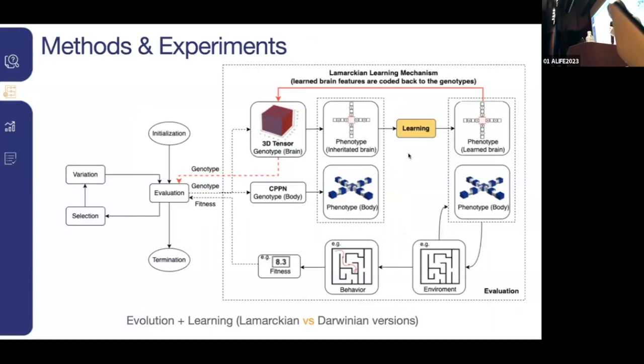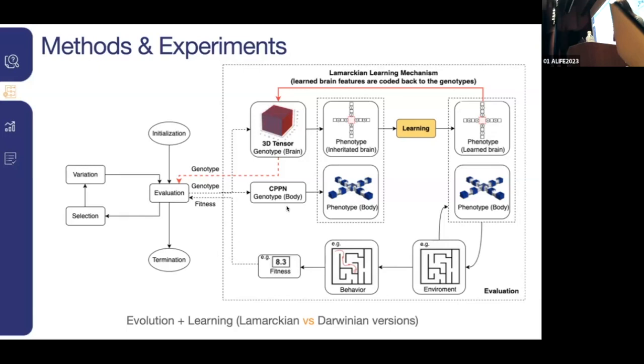And the inner learning loop optimizes the parameters of the inherited brain. This is within the evaluation step of the EA, evolutionary algorithm. In our research, we use a 3D tensor as the genotype of the brain, which gets directly encoded into the phenotype of the brain, which is a CPG network.